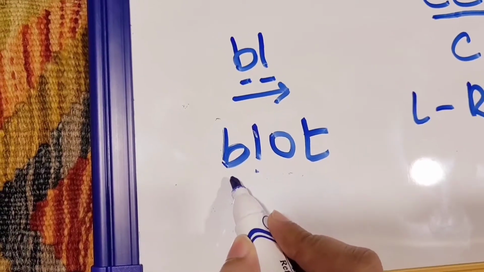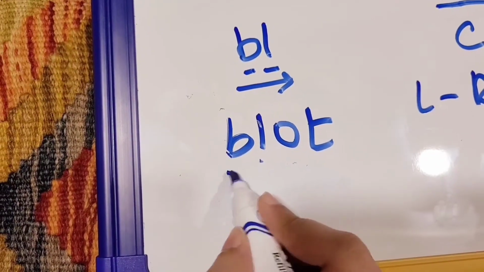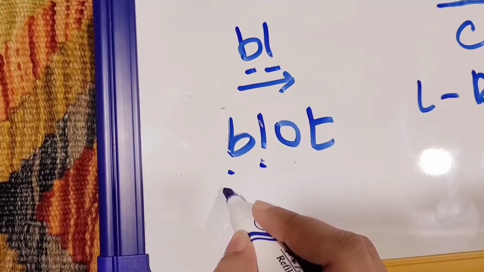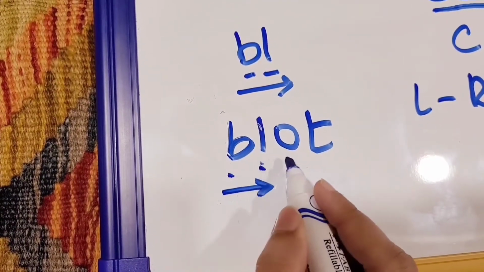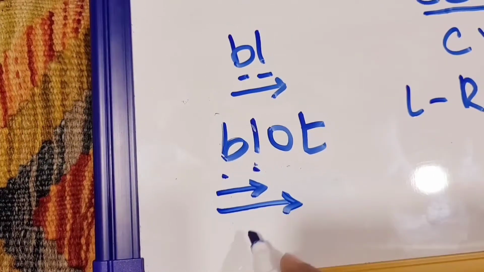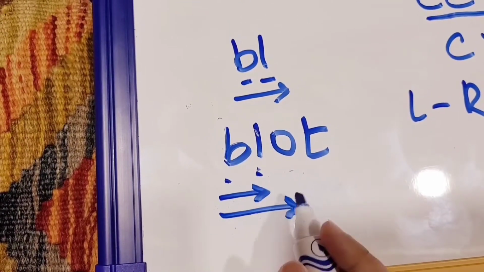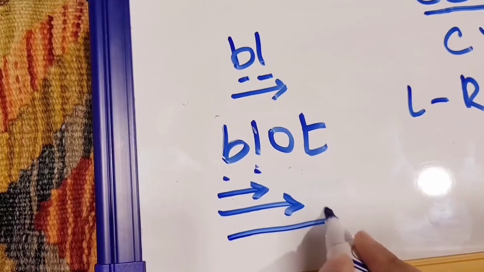You will teach them to blend the first two letters, that is bl, bl, bl, then o, blah, bl-o, blot.